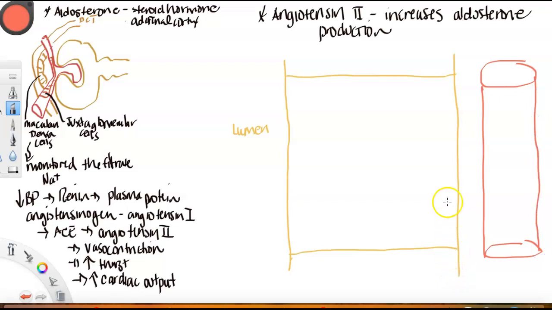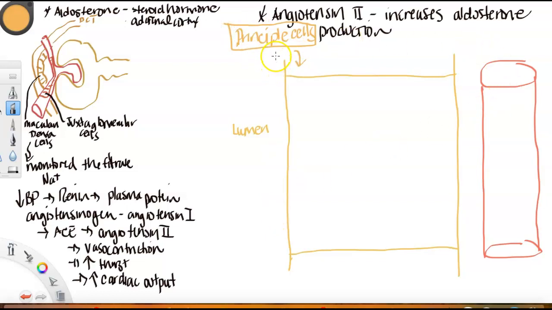Okay, so these cells that are in the collecting duct and the distal convoluted tubule are special. They're called principal cells. And principal cells are special because they are sensitive to aldosterone. So that's what this is, a principal cell.